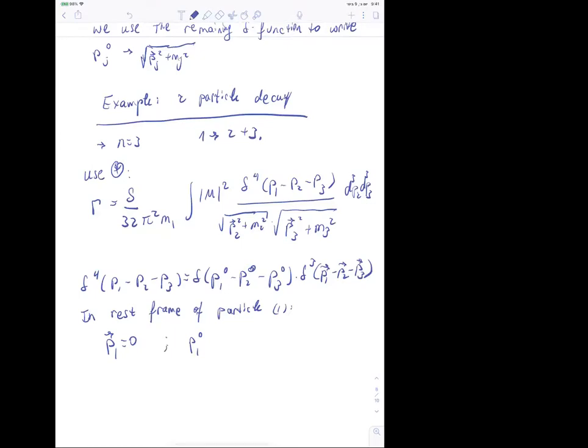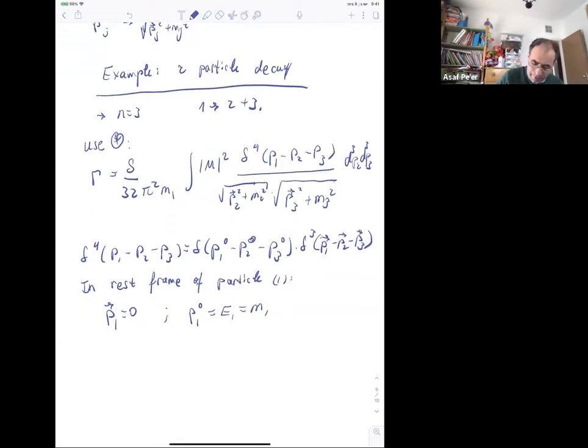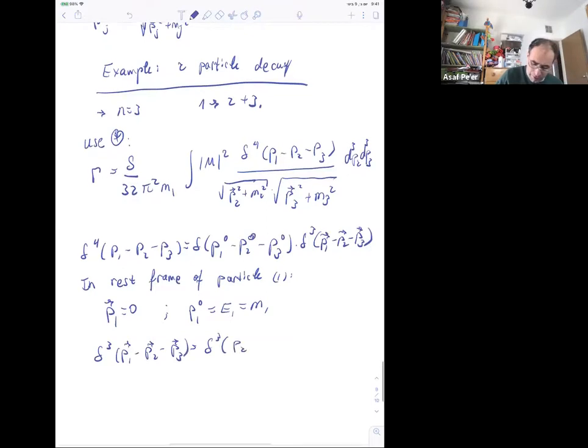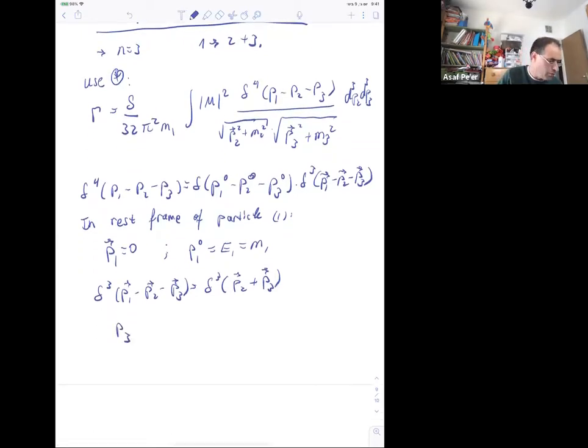Right? It's just E1, which is just the mass of particle 1. So automatically, at least from the last delta function, we have delta cube of P1 minus P2 minus P3 is just delta cube of P2 plus P3, right? Which obviously states immediately that P3 is equal to minus P2, right?